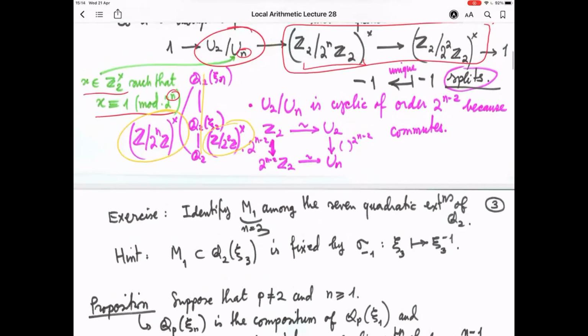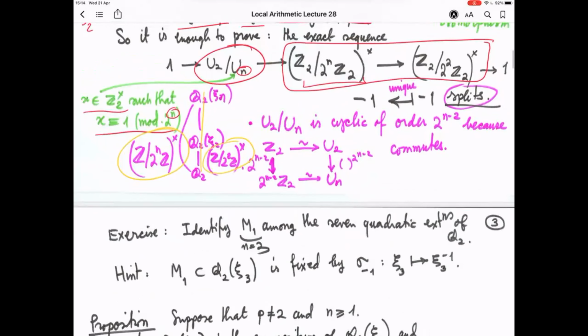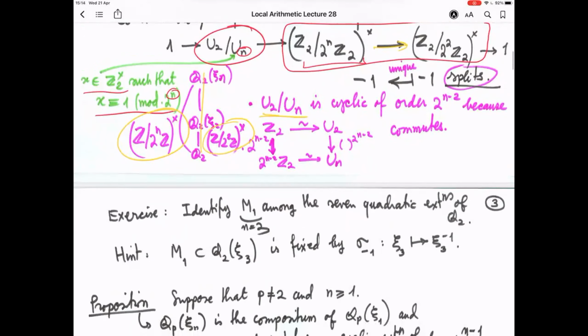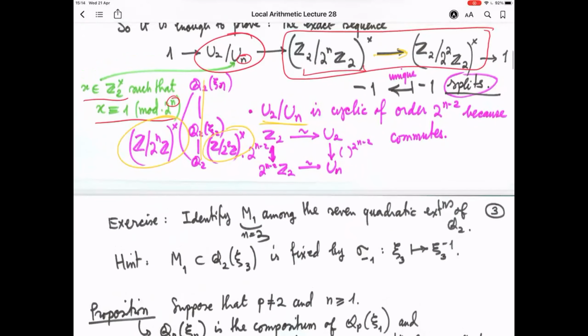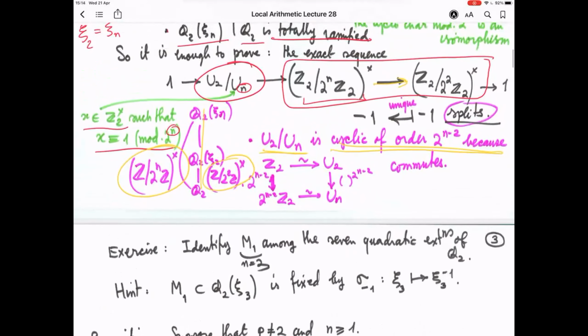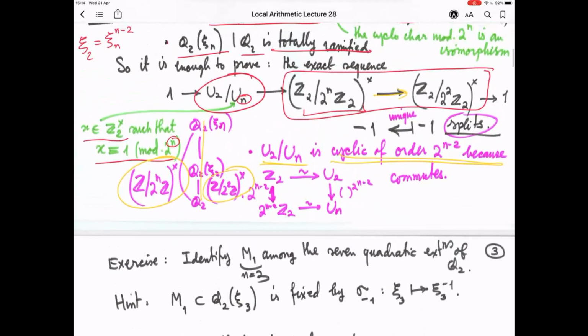And because this smaller thing is contained in the bigger one, you get this projection here, and this is the kernel of this projection. Now, what we know about this kernel is that it's cyclic of order 2 to the n minus 1. Not only that, this projection has a natural section. I mean, it just sends minus 1 to minus 1.